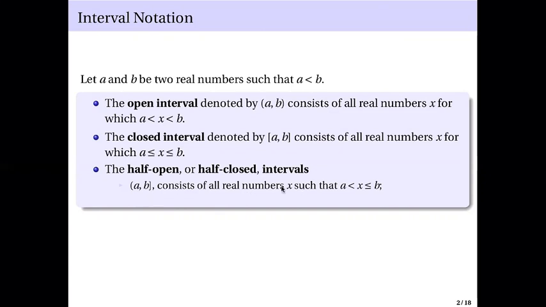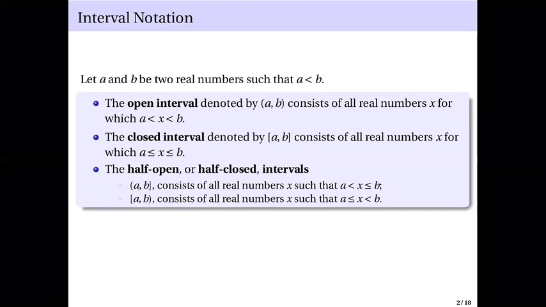This consists of all real numbers X such that X is greater than A, but less than or equal to B. So there is equality on the side of B, but no equality on the side of A. And also we have [A, B). This consists of all real numbers X such that X is greater than or equal to A. We have the equality at A, but X is less than B, so we don't have the equality at B.